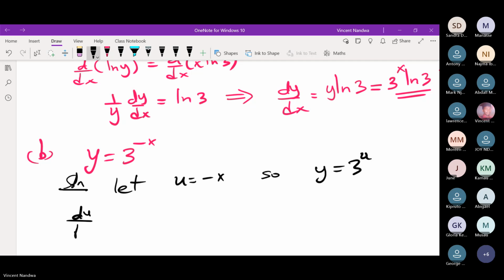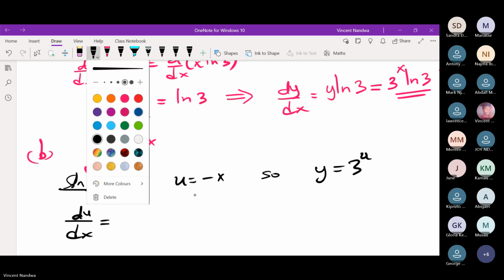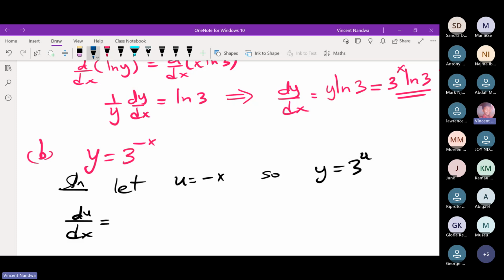So du dx will be, if u is minus x, what is du dx? du dx will be -1. -1, correct.